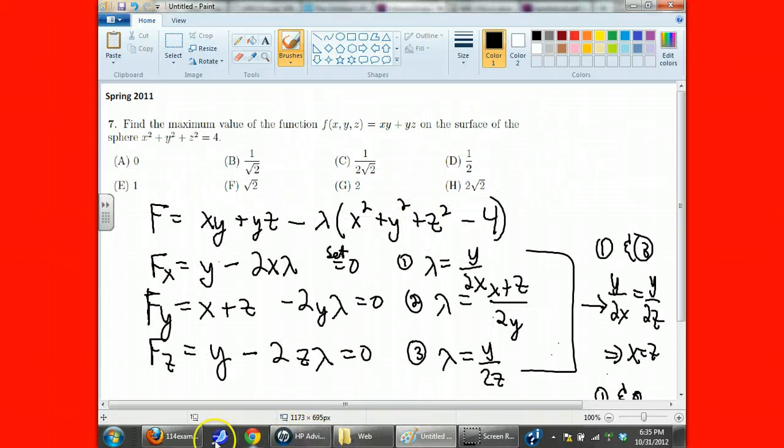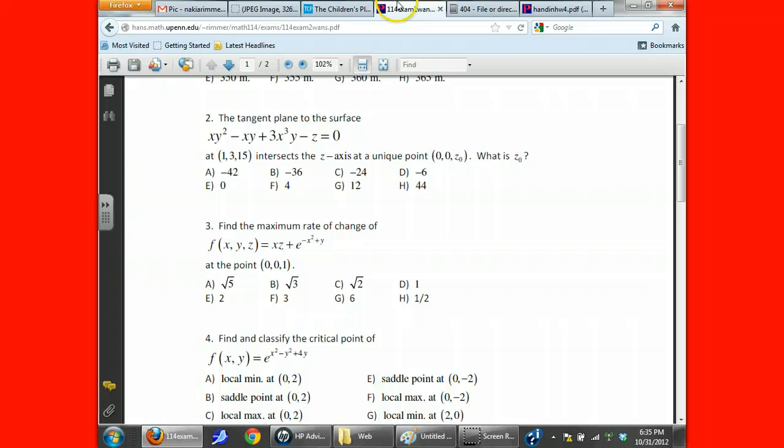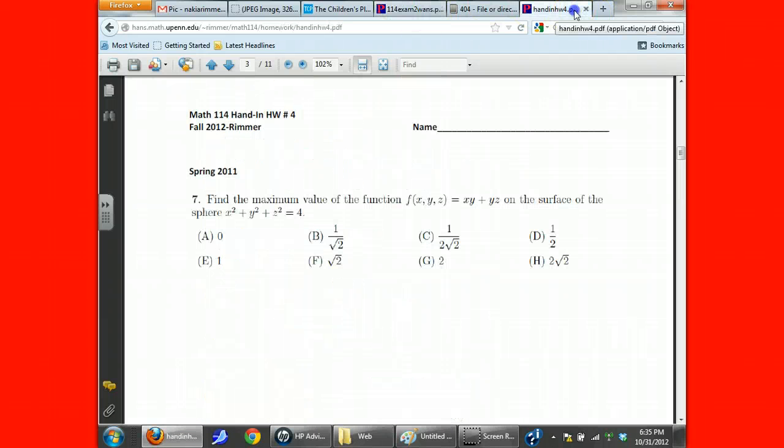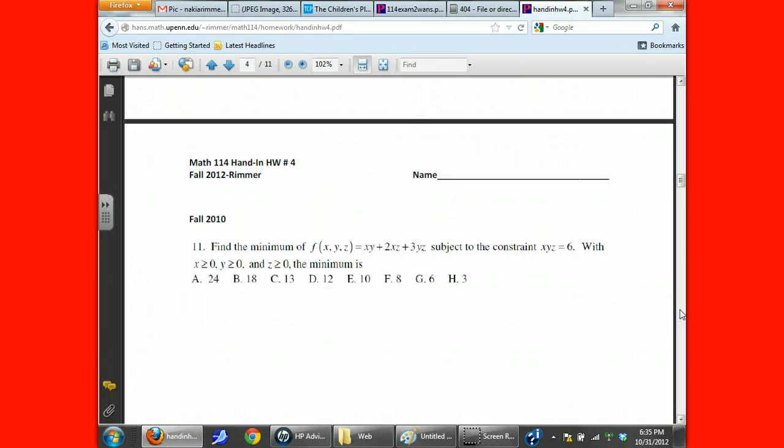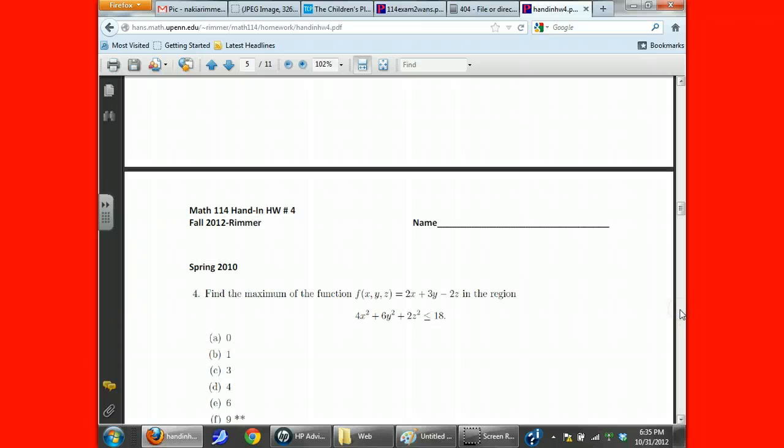All right, get rid of some of this junk here. All right, give me that one more time. Spring 2010. Yeah, no problem. Yeah, hear it again. Less than or equal to.